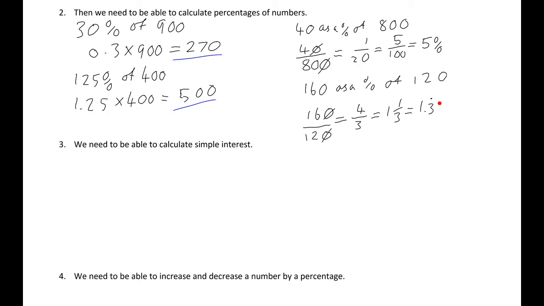So 1, 2. So this will equal 133.3 recurring percent. And as you'd expect, it's a percentage that's bigger than 100 because the number was bigger on top than the bottom. Okay, that is the end of percentages of numbers. We're now going to move on to calculating simple interest.